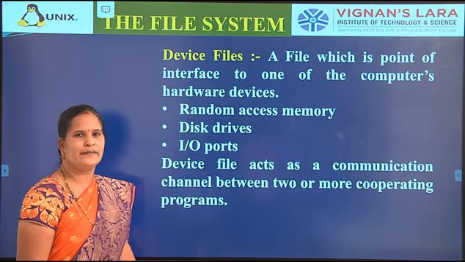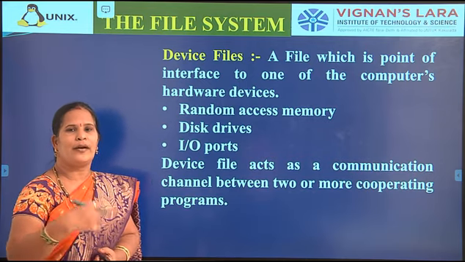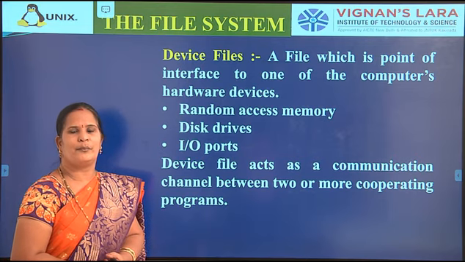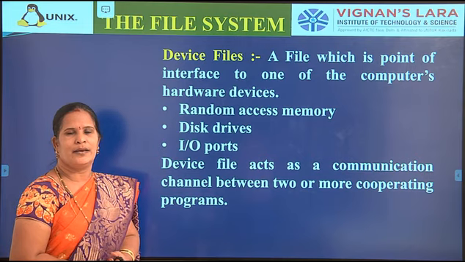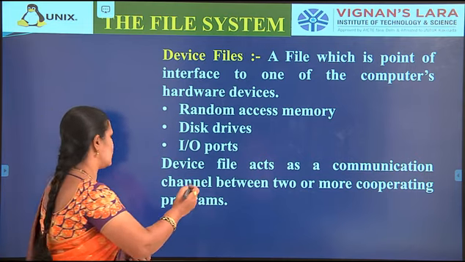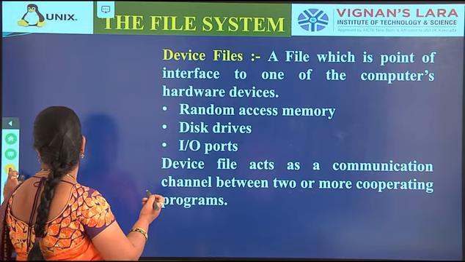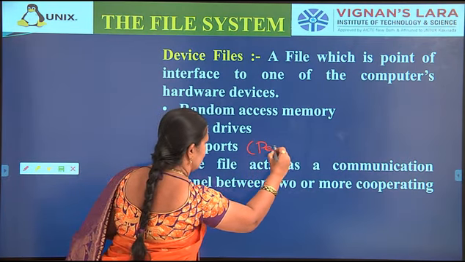And the last one is device files. A device file is a file which is a point of interaction to one of the computer hardware devices. The computer hardware devices are keyboards, disks, and peripheral devices. Peripheral devices are also known as I/O ports.